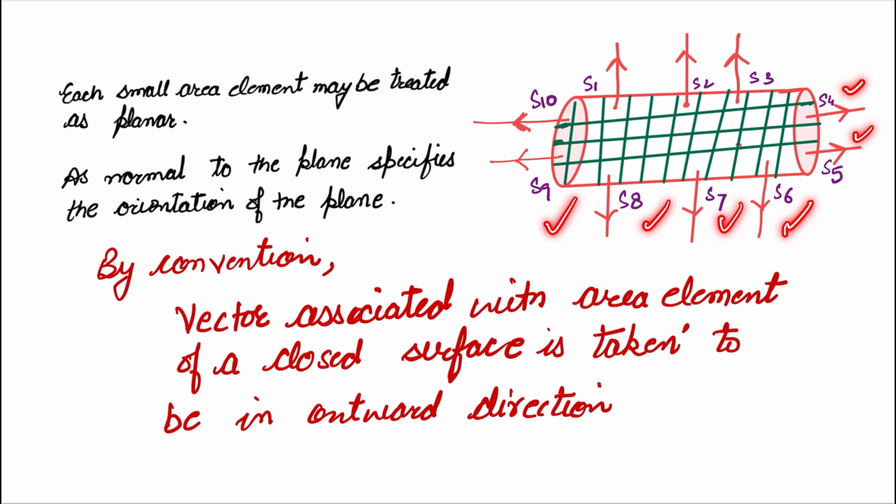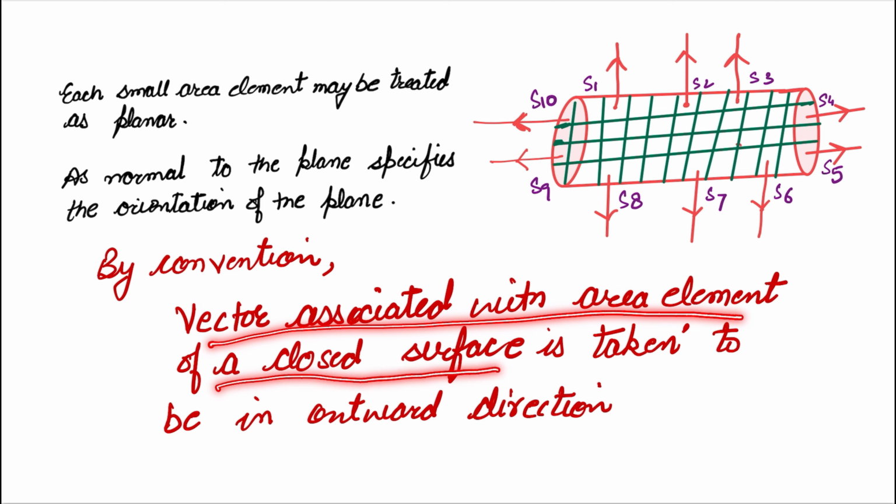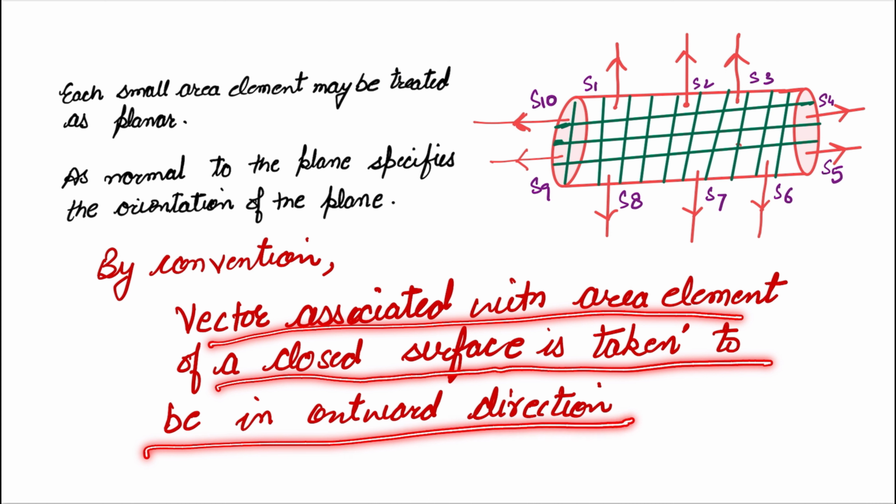We have drawn several area elements, and the perpendiculars to those area elements represent the direction of the area vector. There is a convention that if you are associating a vector with an area element of a closed surface, it is taken in the outward direction.